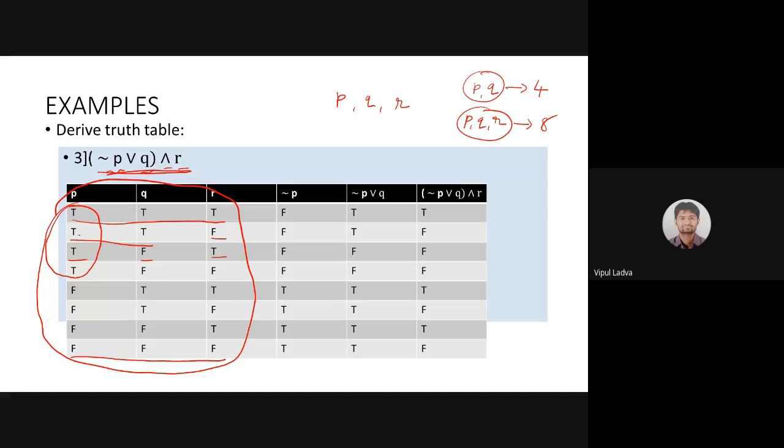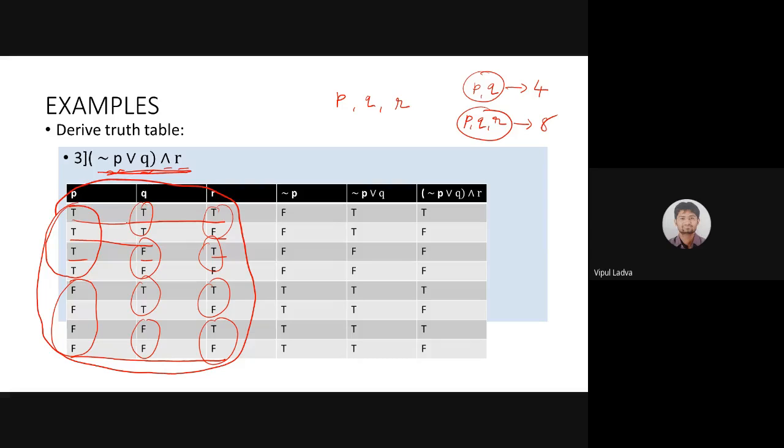Instead of T and F, you were dealing with 1 and 0. 4 times T, 4 times F, then 2 times T, 2 times F, 2 times T, 2 times F, and then alternate TF, TF, TF, TF.